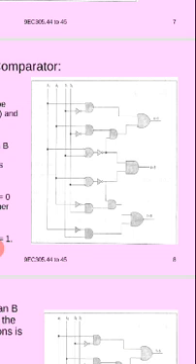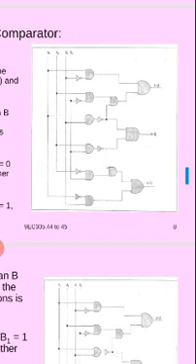Your 2-bit comparator means A0, A1 and B0, B1. The same circuit is given here for the 2-bit comparator.